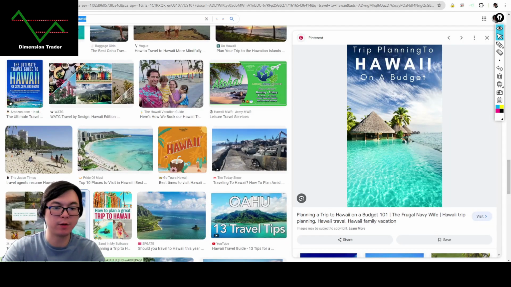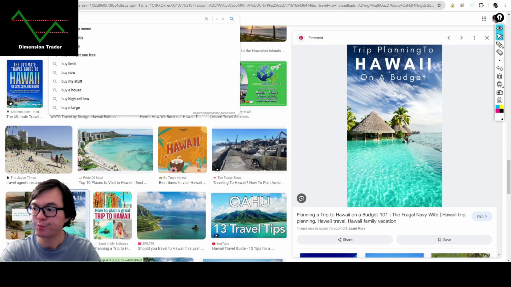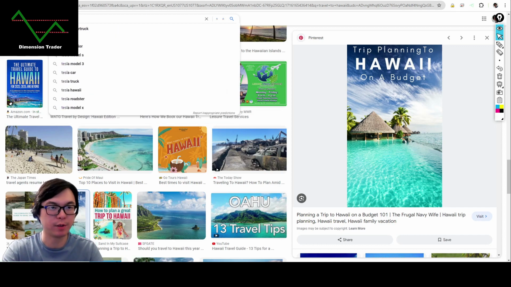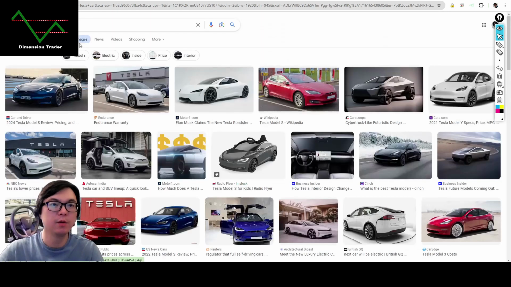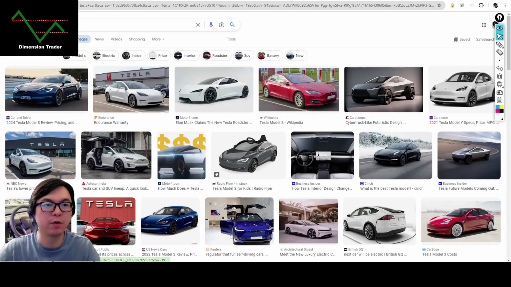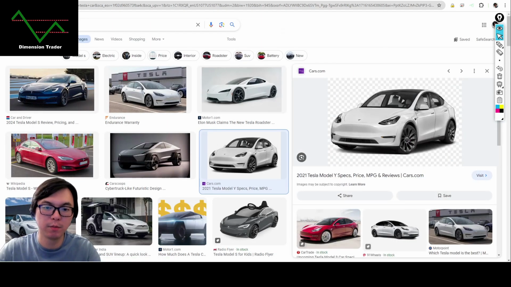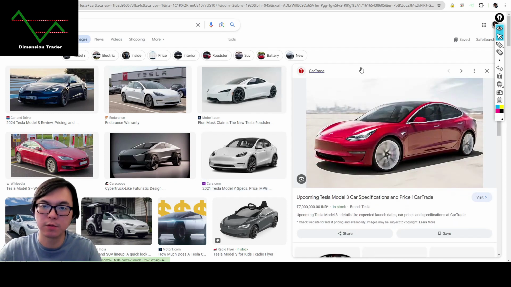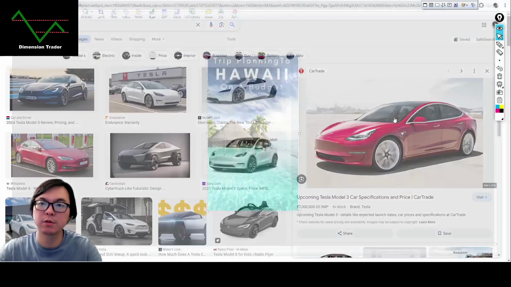Or we can buy a new car, or we can buy something like, just for the sake of the vision board, let's say we want a Tesla car. Find your favorite car and post it in your vision board. This is cool. We can do this.